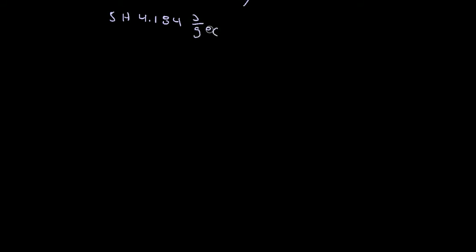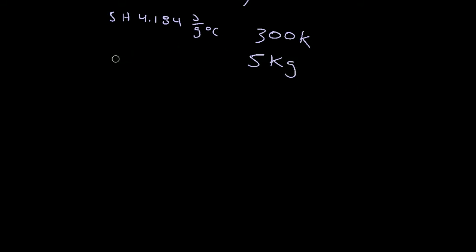Let's say they give us in our problem the specific heat of water, and they say we've got 300 Kelvin, and we've got 5 kilograms, and that's our specific heat.